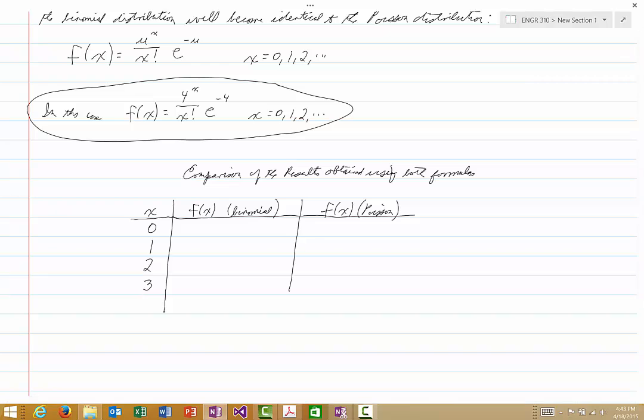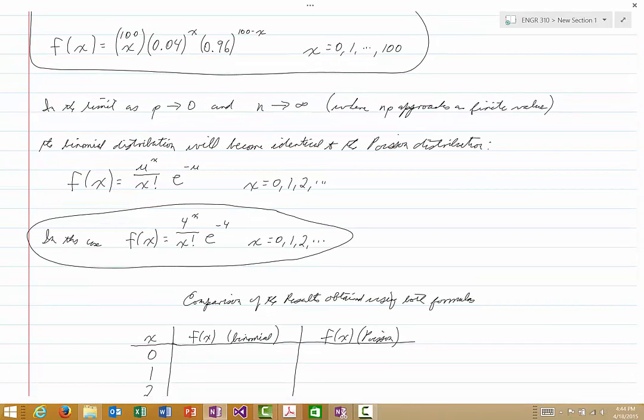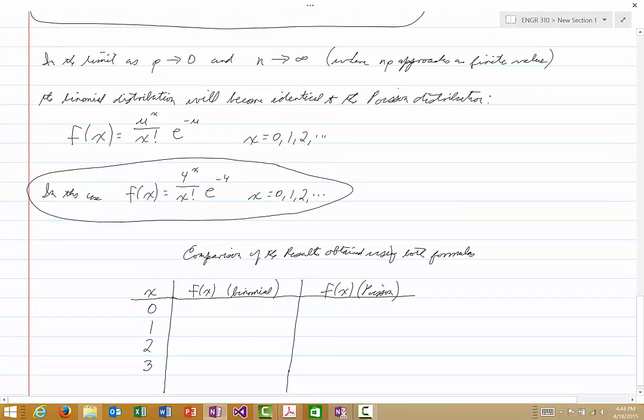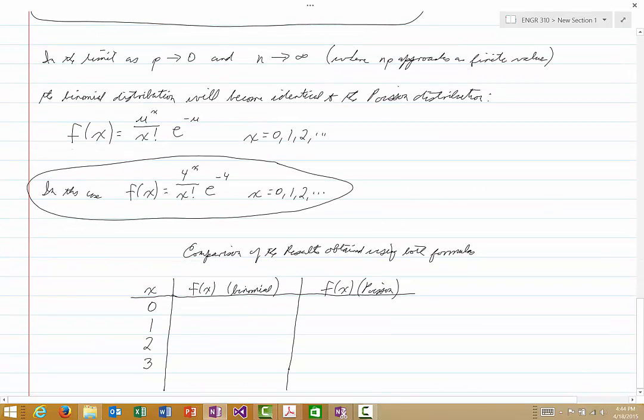I think that will be enough. I won't go all the way up to 5. But let's calculate these two formulas. Calculate f of x in both of these ways for these values of x, and see just how closely the Poisson approximation does approximate the binomial in this case.